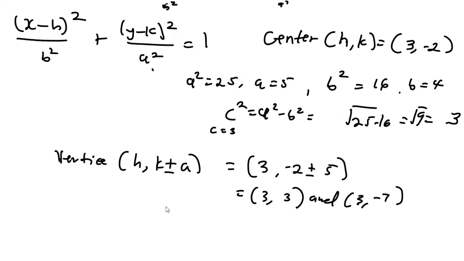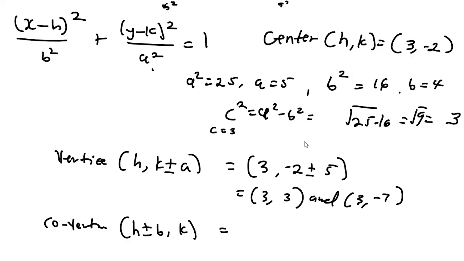Okay. Now, let's see. So the co-vertex is going to be (h ± b, k).